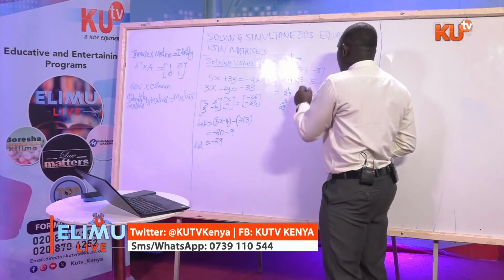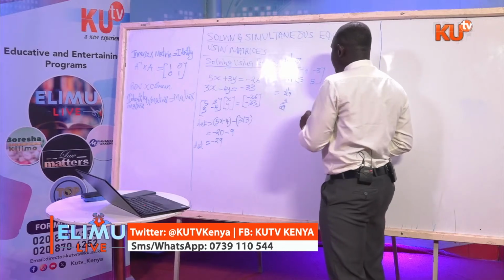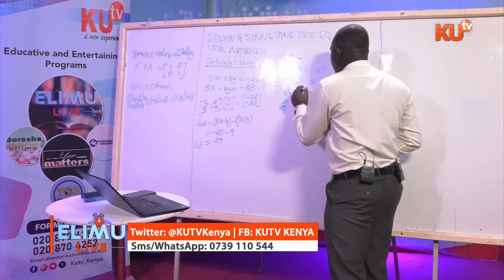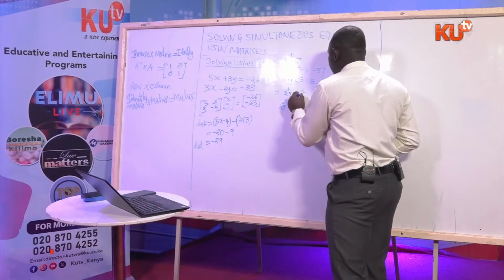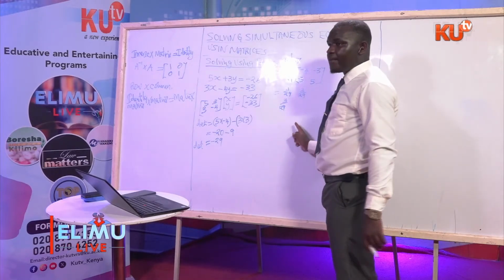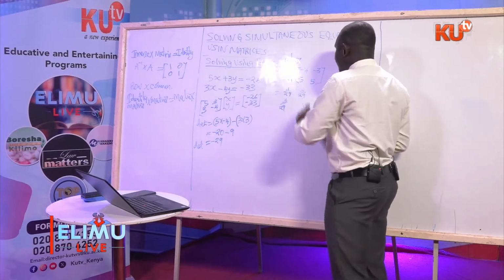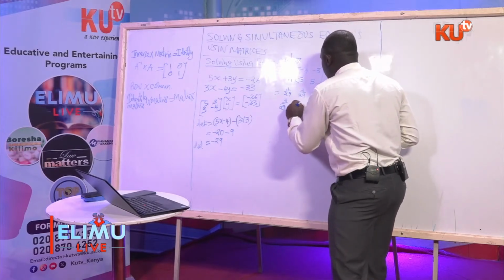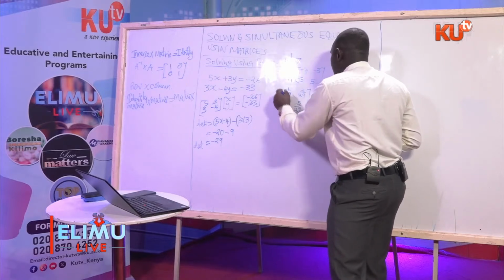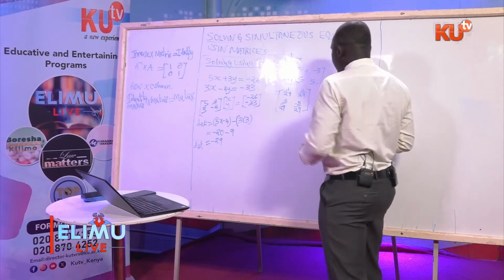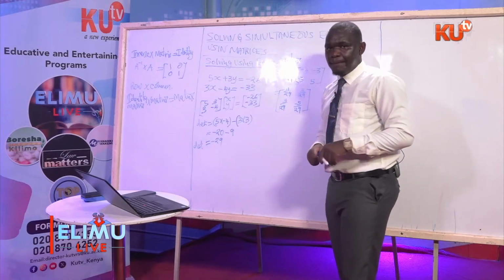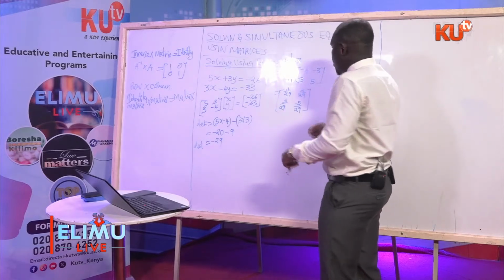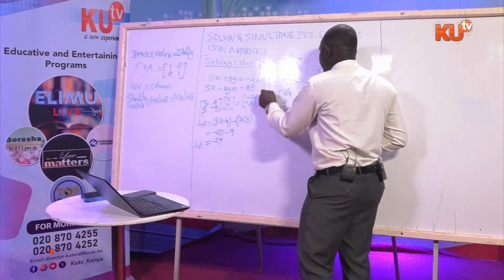On this other column, it will be 1 over negative 29 times negative 3, it will become 3 over 29. Then at the bottom here, 1 over negative 29 times 5, that will become negative 5 over 29. Learners, be very keen. Now that is negative 5, because a negative number times a positive number becomes a negative number. Now, this is still our inverse.